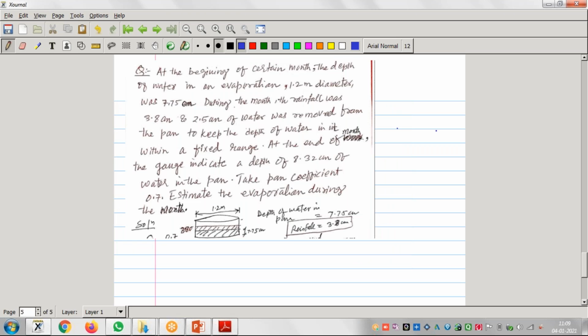Now, at the beginning of certain month, the depth, just wait, battery is low. Now, I will read this problem again.